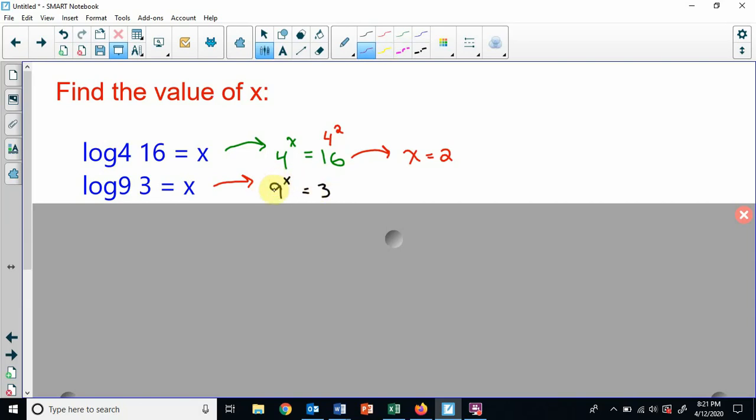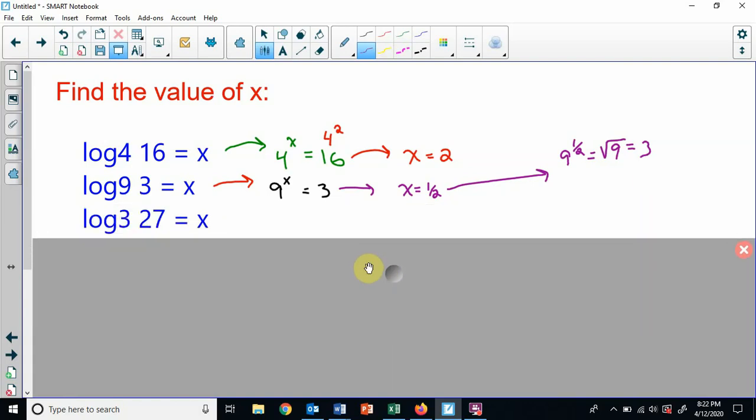How do I represent square root as an exponent? Remember, it's a fractional exponent. So x here needs to equal 1/2. If you don't remember this, it's because if I do something to the 1/2 power, that's the same thing as taking a square root, which is equal to 3, right? Okay, awesome.